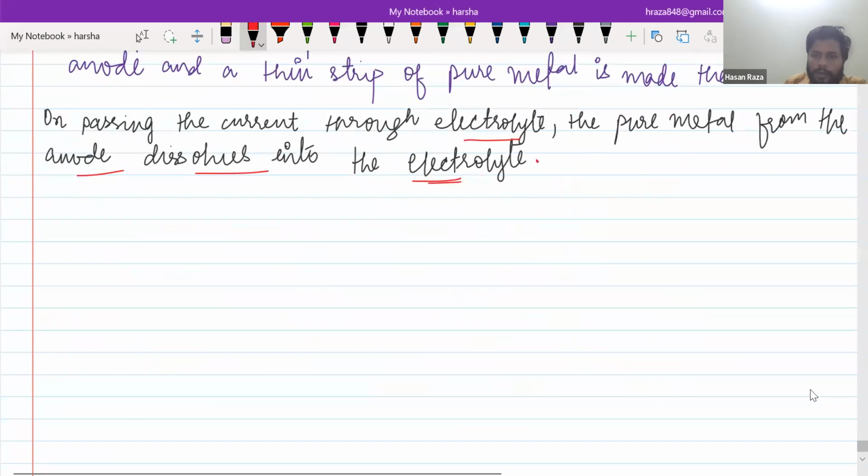Now I'm going to write another point, then I will explain. On passing the current through electrolyte, the pure metal from the anode dissolves into the electrolyte. So you can write the next one.